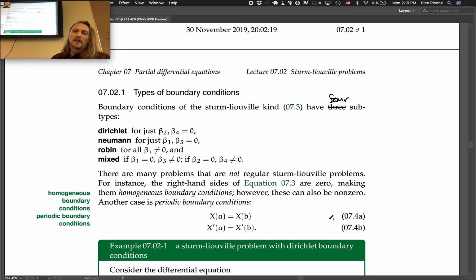Another case is periodic boundary conditions, which says that the one end of it is equal to the other end, and the slopes are also equal at the ends. So those are periodic boundary conditions. It's also a non-Sturm-Liouville boundary condition. So those are two possibilities. They're not Sturm-Liouville.